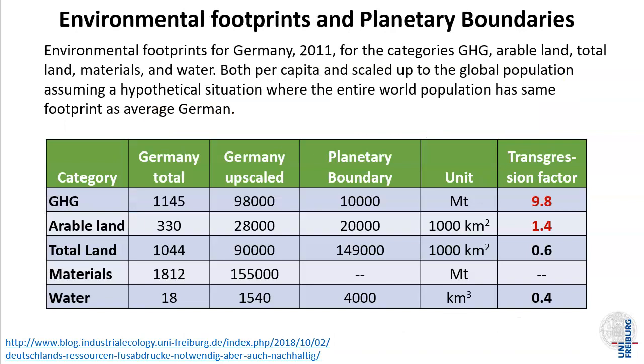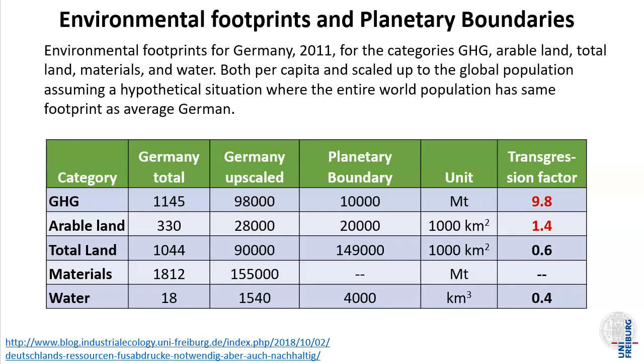And what we can do now, this is an example for Germany, we can take those footprints, because we say, well, the footprint is a measure of the resources that are needed to supply a certain commodity. It doesn't matter where on the earth it is produced or used, but it's necessary to produce a certain commodity. So we can take those footprints and we can upscale them, assuming what would happen if everybody on this planet would on average have the same footprint as the average German.